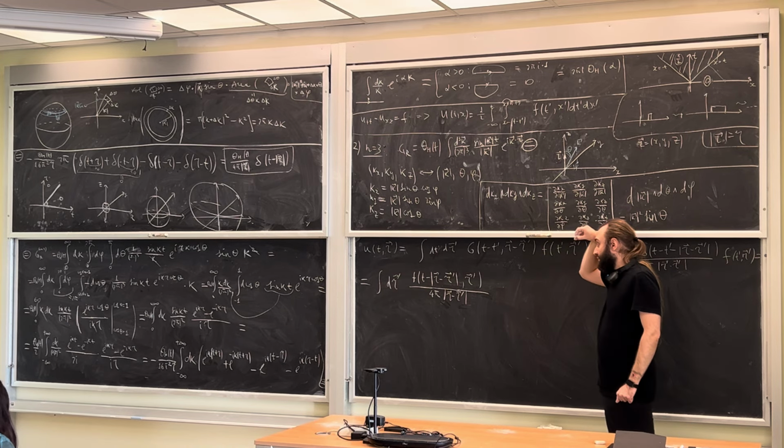So d3r, here also d3. Well, this dimension is important. This formula is called the retarded potential.